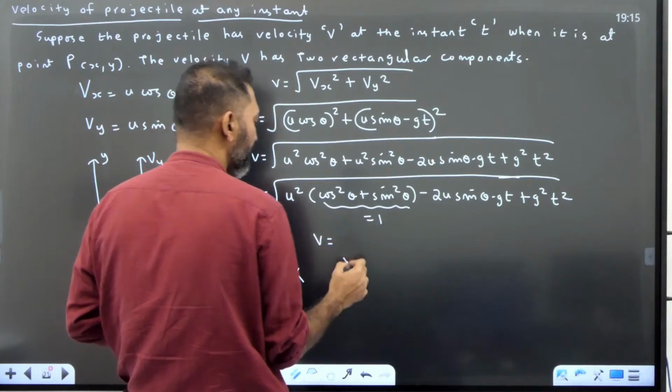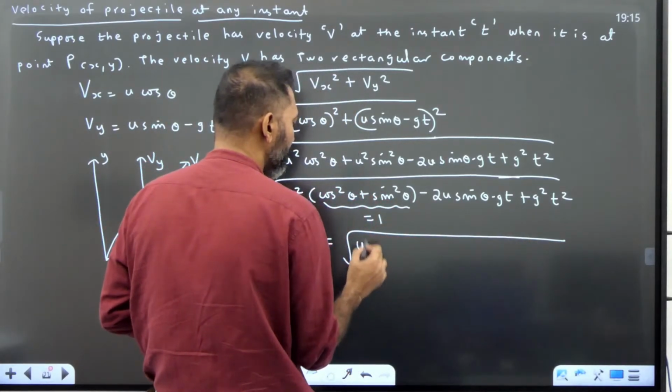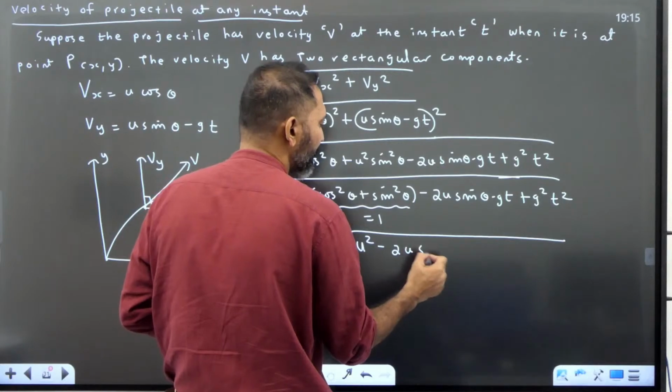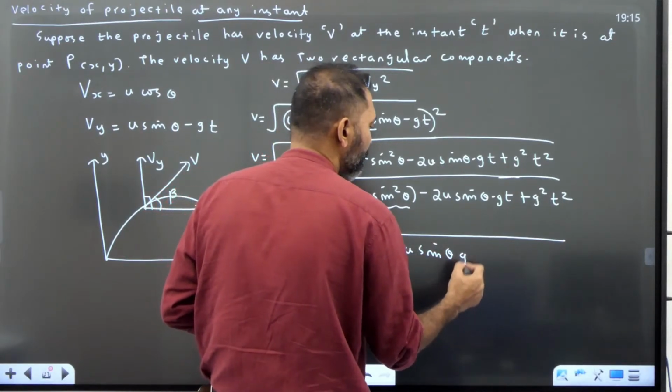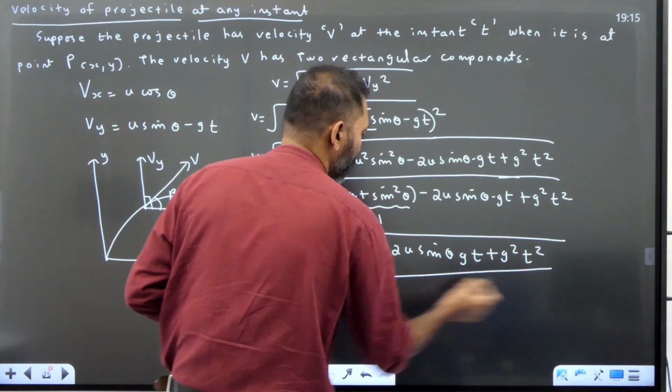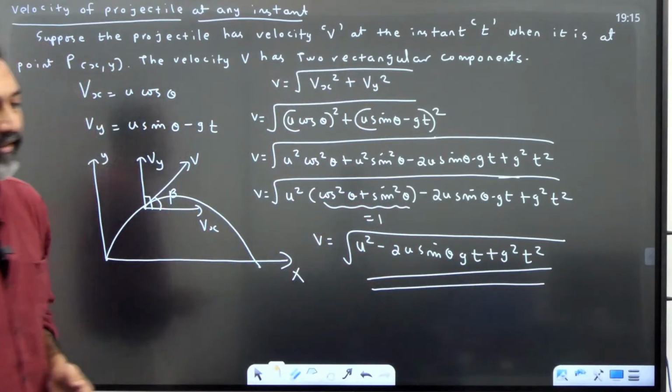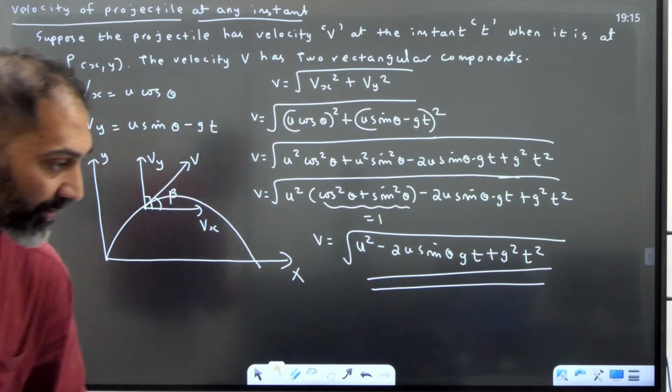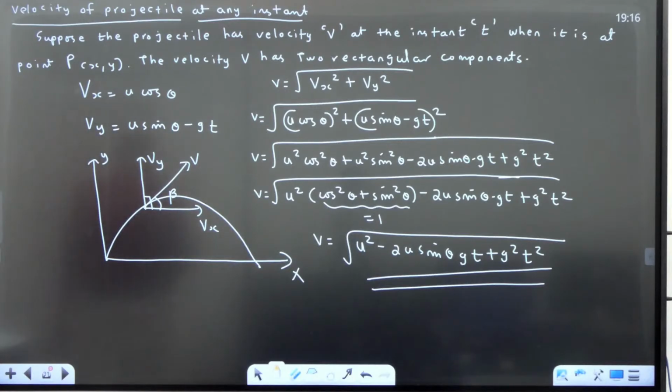So v is equal to root of u square minus 2u sin theta gt plus g square t square. This is the equation for velocity of projectile at any instant. What is that equation? Root of u square minus 2u sin theta gt plus g square t square.